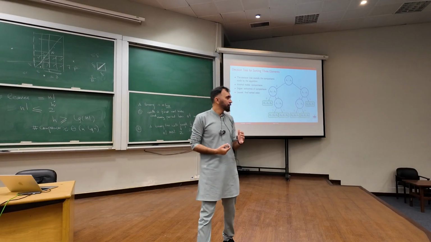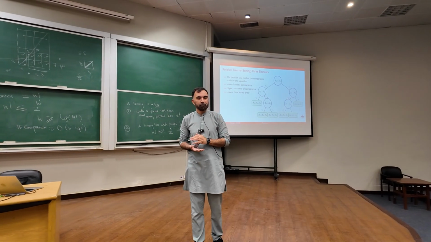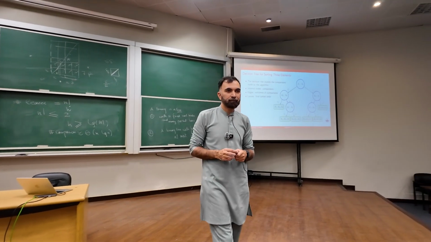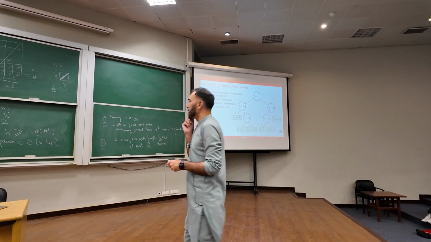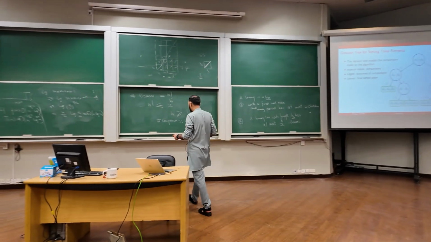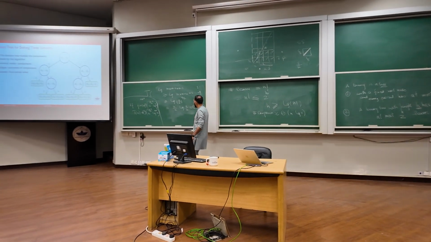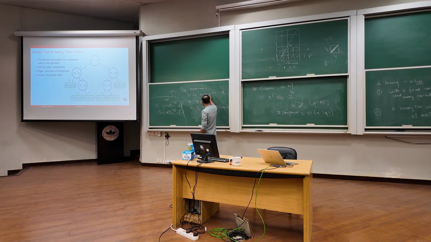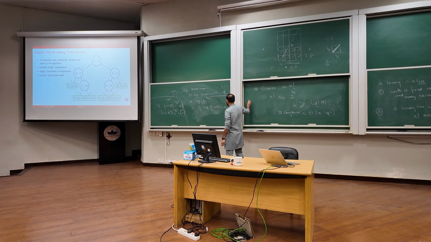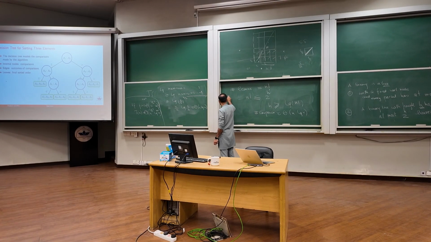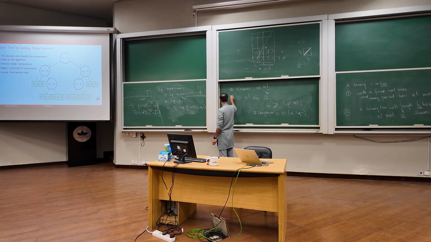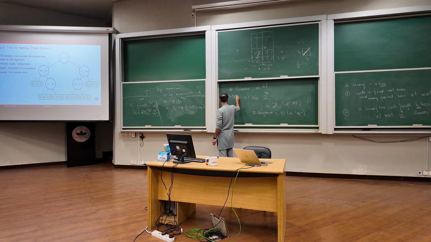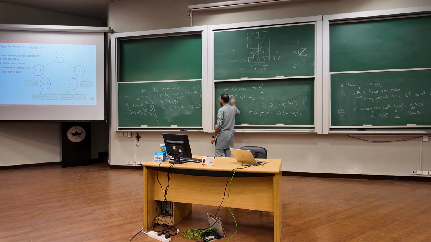Questions? Okay, I guess I missed a step. Right here there is a step where I do greater than or equal to log of n over 2 times n over 2 times n over 2, and so on.